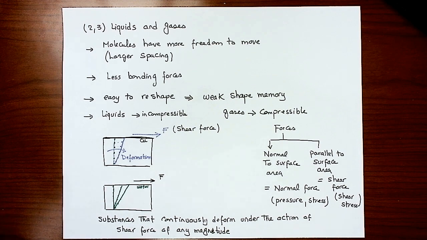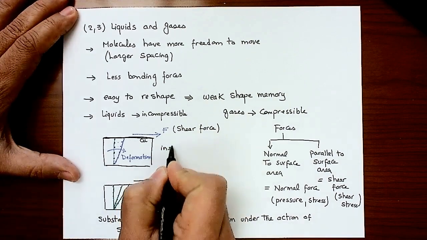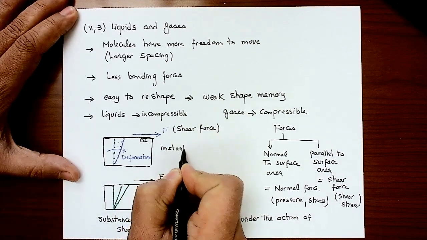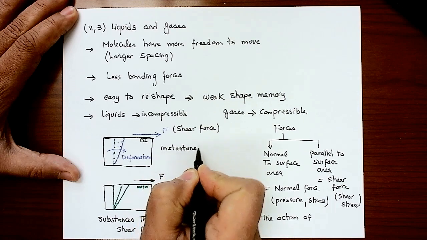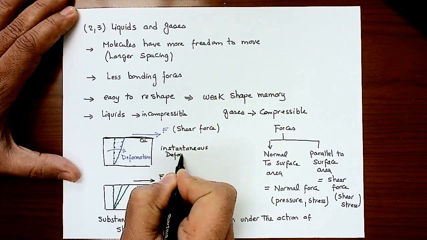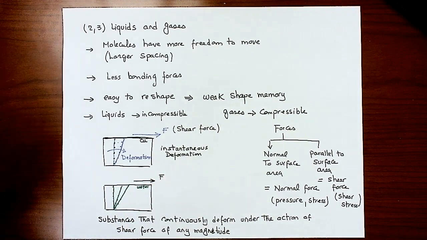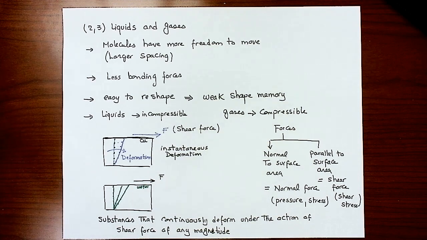If you noticed, for the solid material, when we applied that shear force over that element or that block, what you experience is what we call an instantaneous deformation. And you also can imagine how big the magnitude of force you need to apply for that copper block to be able to deform it, right?